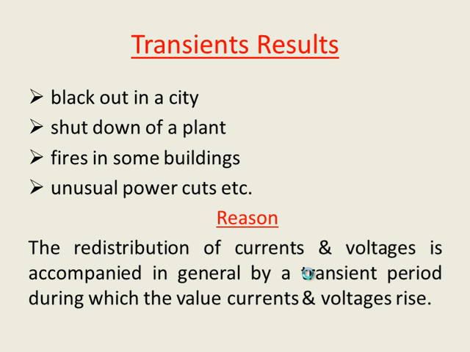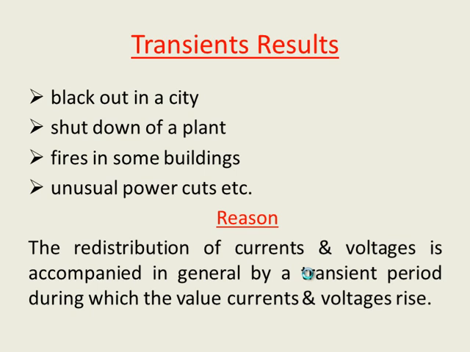Now, when the healthy system has been isolated from the faulty section, there will be a new distribution of currents and voltage because a large section has been isolated. This redistribution of current and voltage is accompanied in general by a transient period during which the values of currents and voltage rise, as you can see in the slide.